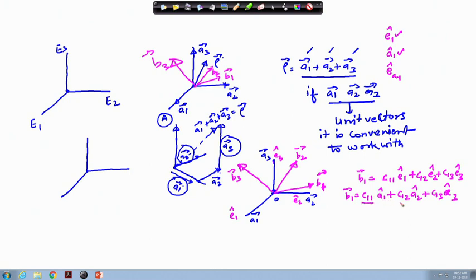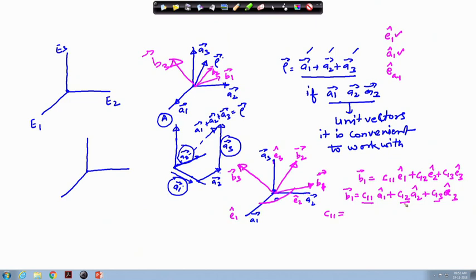And what these quantities are, if you go on the first page, there we have this one as C 1 1, which we have written in terms of the direction cosines, meaning this angle.